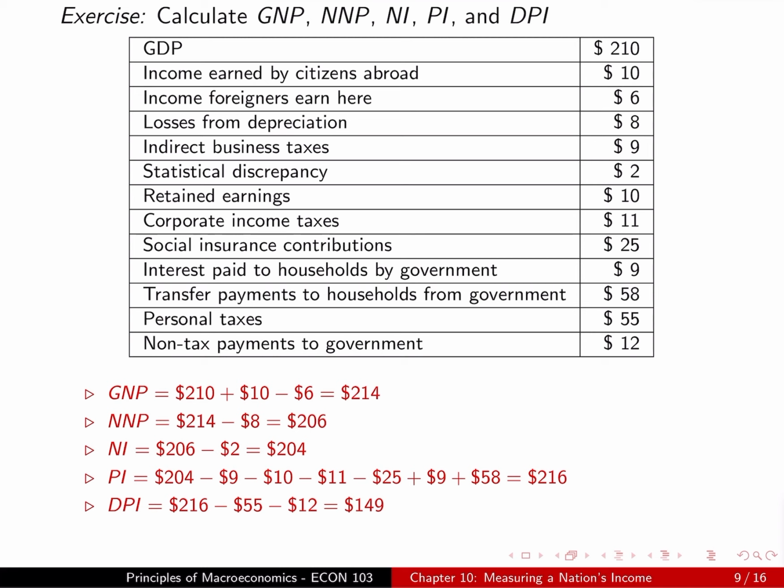Step 5. Disposable personal income, DPI. DPI equals PI minus personal taxes minus non-tax payments equals $216 minus $55 minus $12 equals $149.